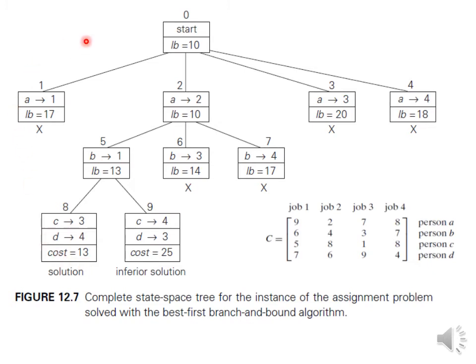This diagram, the state space tree, shows the complete state space tree for the instance of the assignment problem, and the concept used here is the best first branch and bound algorithm. Of course it is branch and bound, because we are not expanding the state space tree exhaustively with all the paths. We are coming up with bounds, and whenever we select nodes, we go for the concept of the best one at each level.